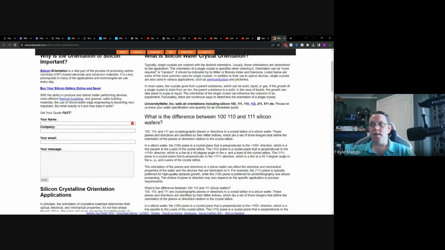The 110 is going to be always at like a 45 or so. So I think that one maybe fractures into much different shapes. They often are more like trapezoidal looking almost. And then 111 is really sharp shards, the way that the crystalline lattices break.